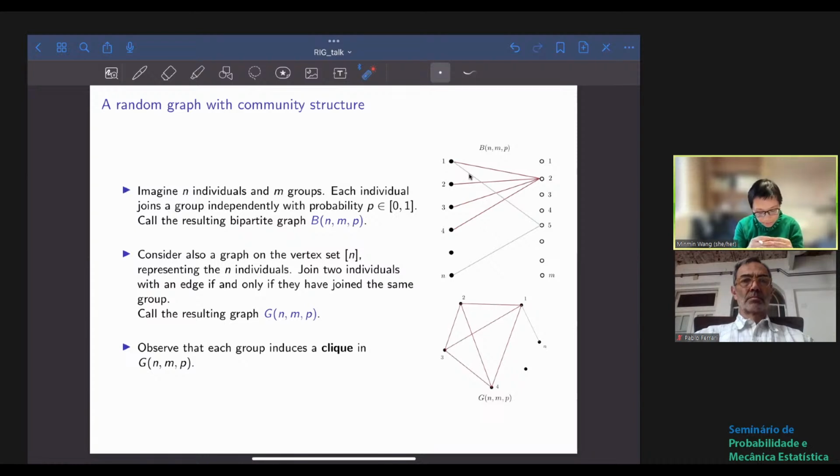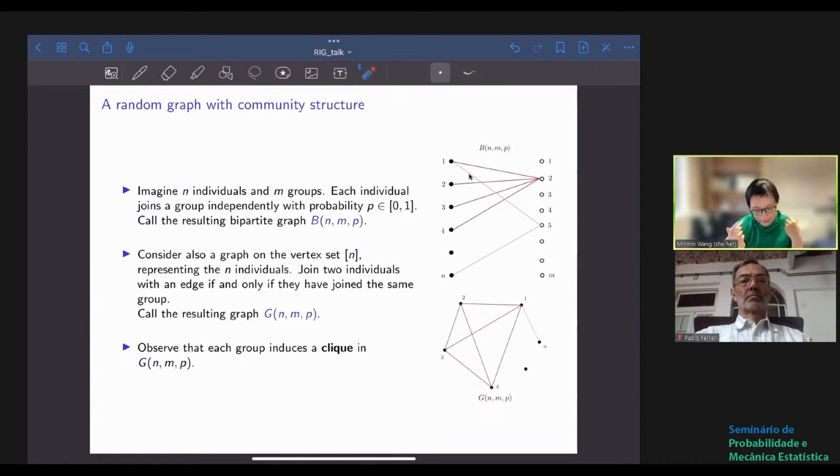Here I'm introducing a very simple random graph model without embedding it into a Euclidean space. This is called the random intersection graph. To build such a graph, we first need a bipartite graph, which is basically just a graph with two sets of vertices.